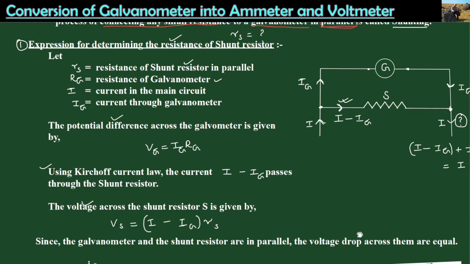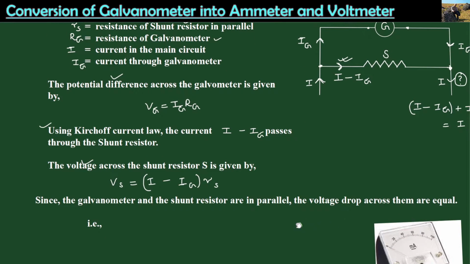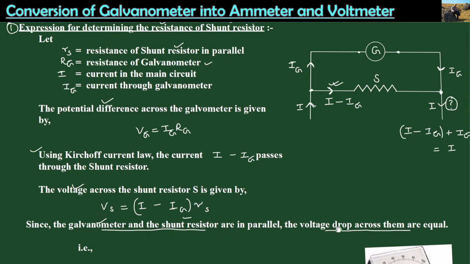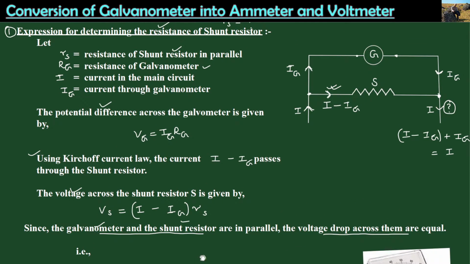Another important assumption is that when the galvanometer and the shunt resistor are in parallel, the voltage drop across them will be equal. This is very important to note: any devices connected in parallel, like the galvanometer connected here and the shunt resistor connected here, should have equal PD.